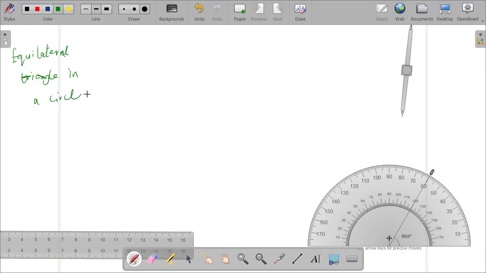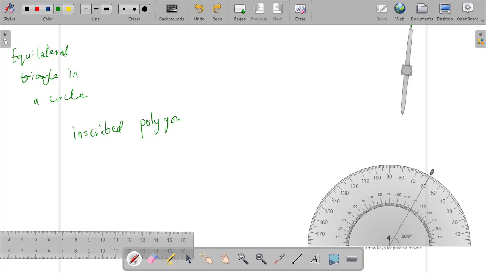So when we say inscribing or an inscribed polygon, what is an inscribed polygon? An inscribed polygon is a polygon that has all the vertices touching the circle.